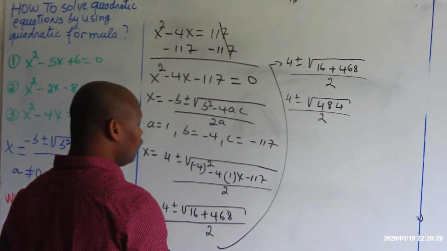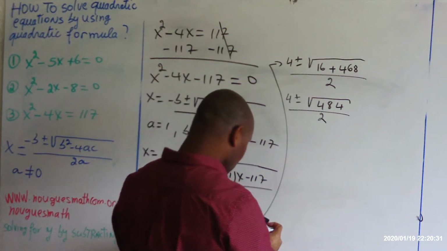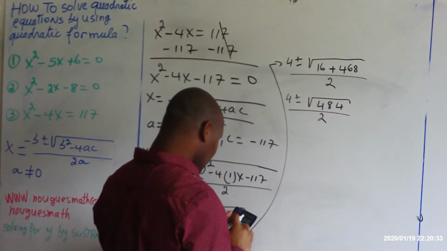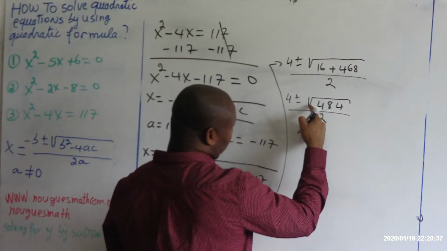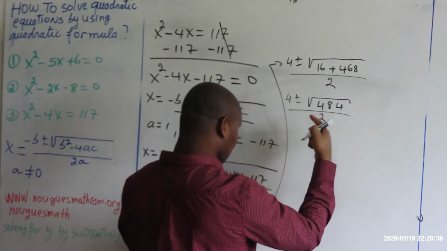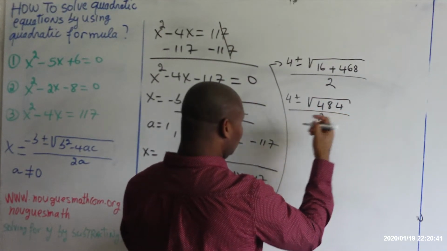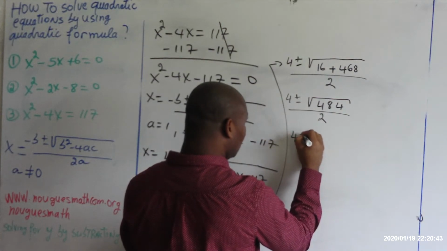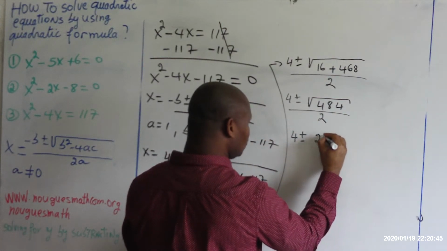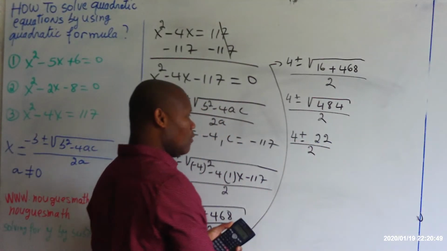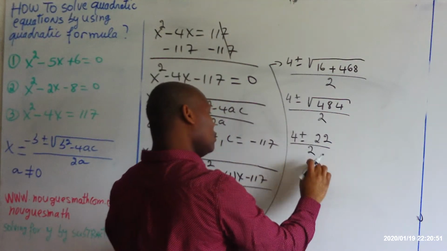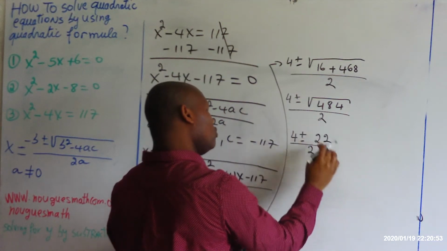Yes, the square root of 84. We have to do that. 84, that's going to be 22. Okay? You take the square root of this, that's 22. So you have 4 plus or minus 22 over 2. So now you have that.